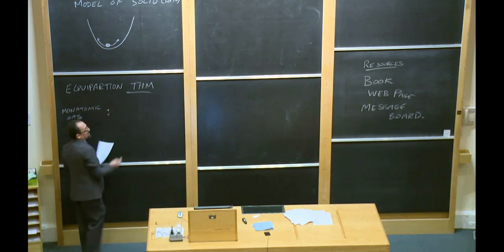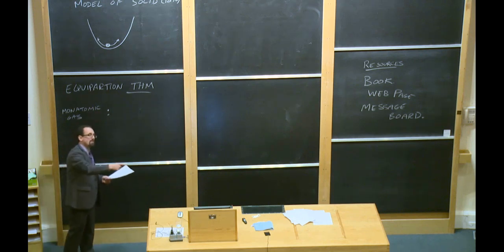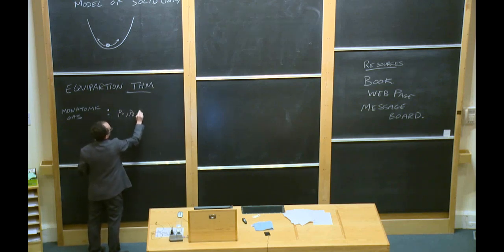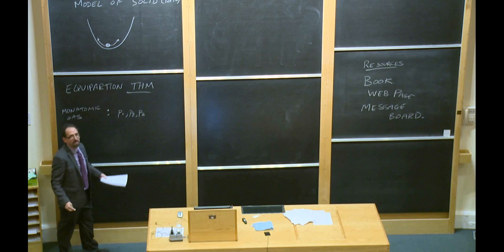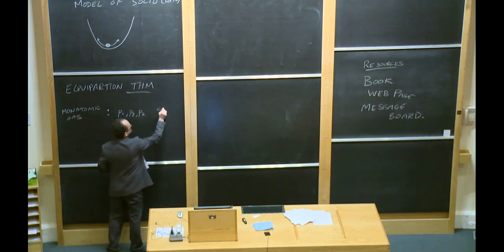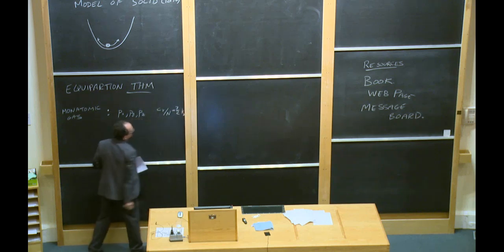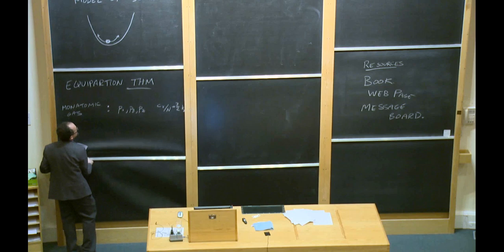Well, the gas molecule can have momentum in the x direction, the y direction, and the z direction, so you have px, py, pz. That's 3 degrees of freedom per atom, so C_V over n is 3/2 kB. Okay?